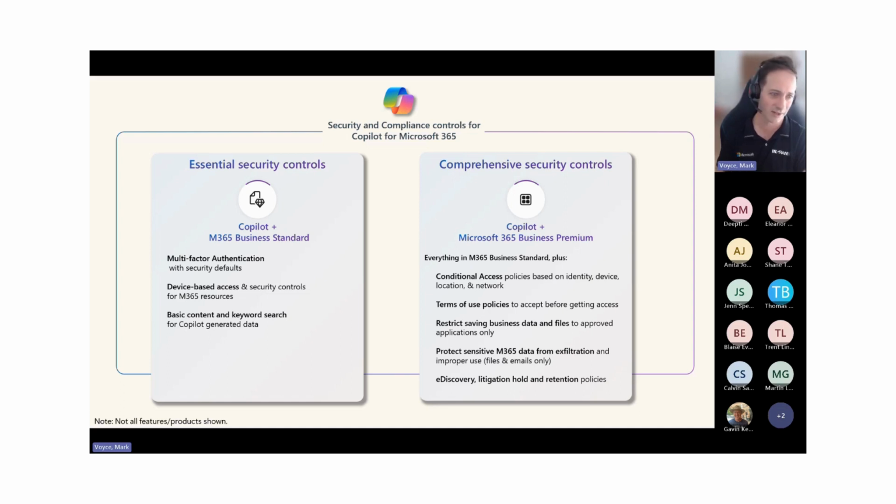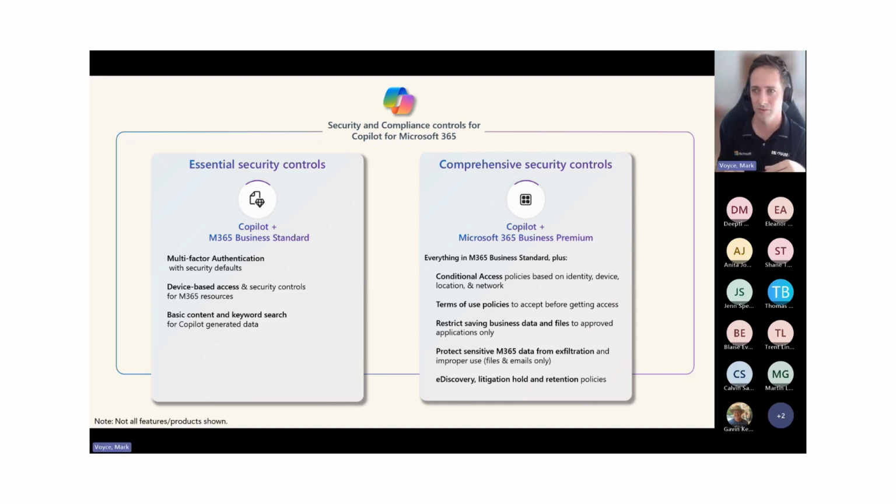You need to have the correct conditional access policies. You need to have the correct data compliance policies. You need to ensure that a person in your business, such as a receptionist, has the correct access to files compared to, say, the CFO of the business.